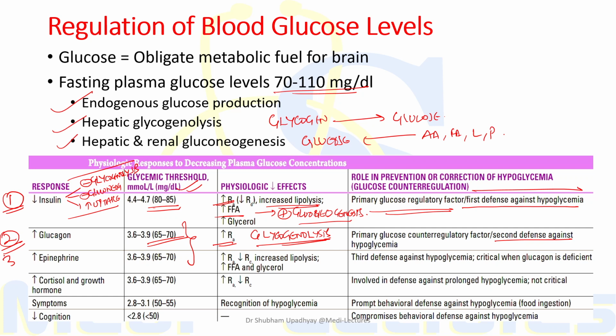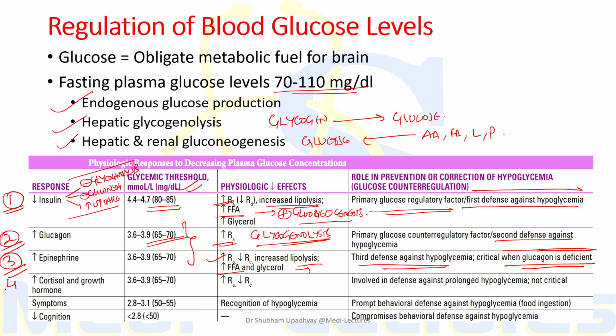Epinephrine is the third defense against hypoglycemia and it becomes critical when glucagon is deficient. We'll discuss that in type 1 diabetics who are taking exogenous insulin, as well as advanced stages of type 2 diabetes, where this epinephrine mechanism is very important as the first two mechanisms are knocked off. This will again lead to increased lipolysis, increased free fatty acids, and also stimulate gluconeogenesis as well as glycogenolysis.